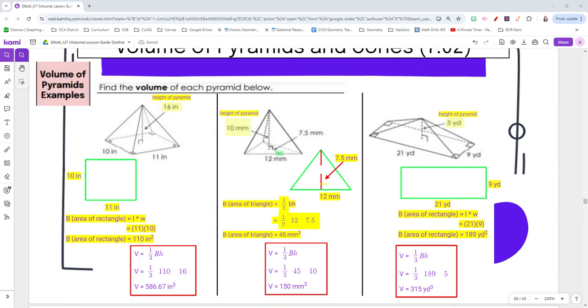The first one on the left is a rectangular pyramid. And so the base that we get is a rectangle. What I have done is I have drawn out the base shape in green here. So this is our rectangular base. I've also identified the actual height of the pyramid. So the height of the pyramid is going to be perpendicular to the base.